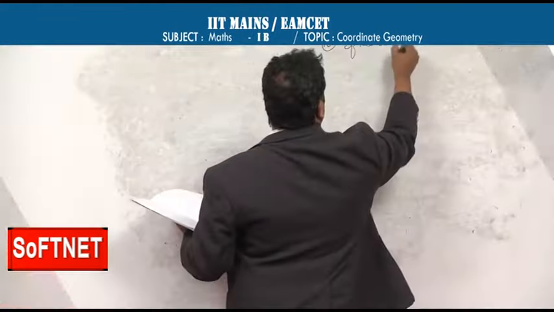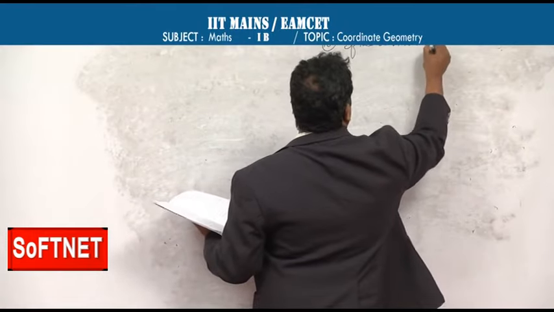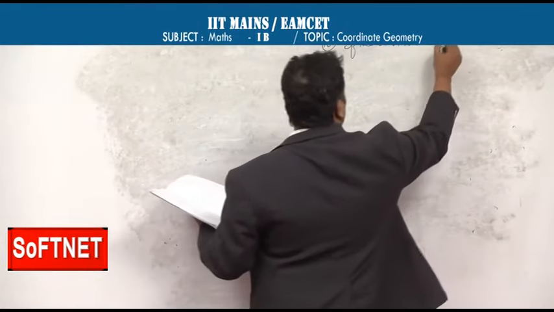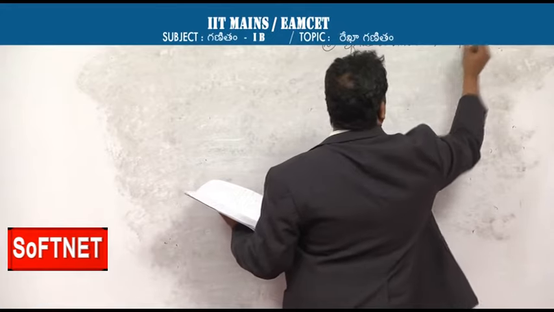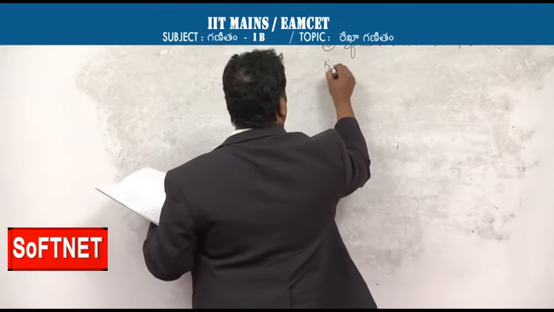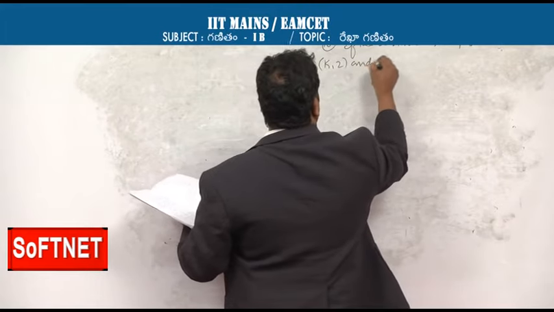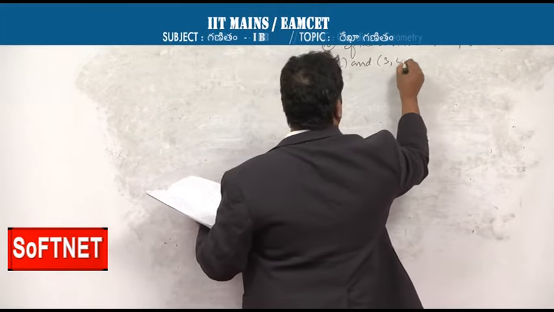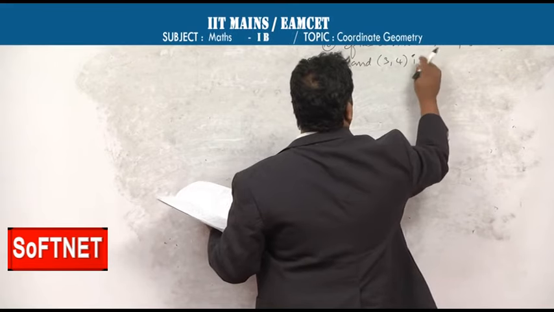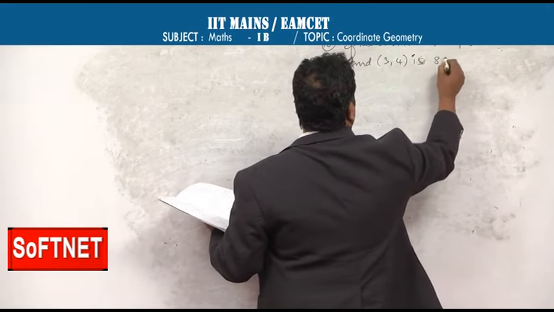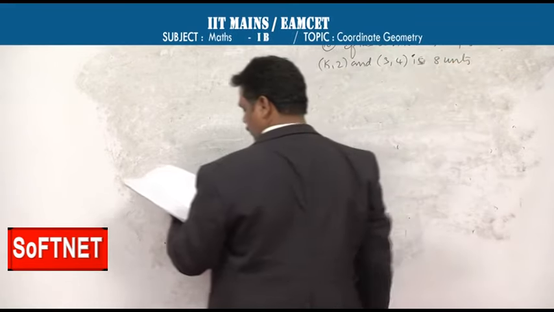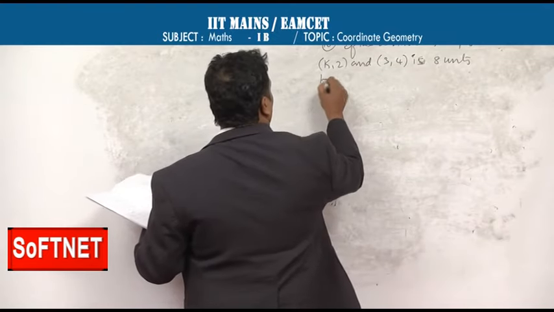If the distance between the points k comma 2 and 3 comma 4 is 8 units, then find k.